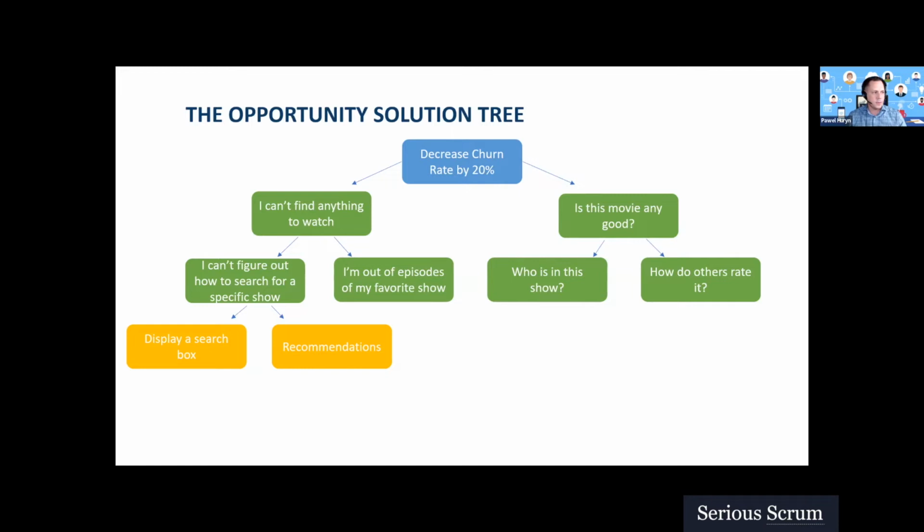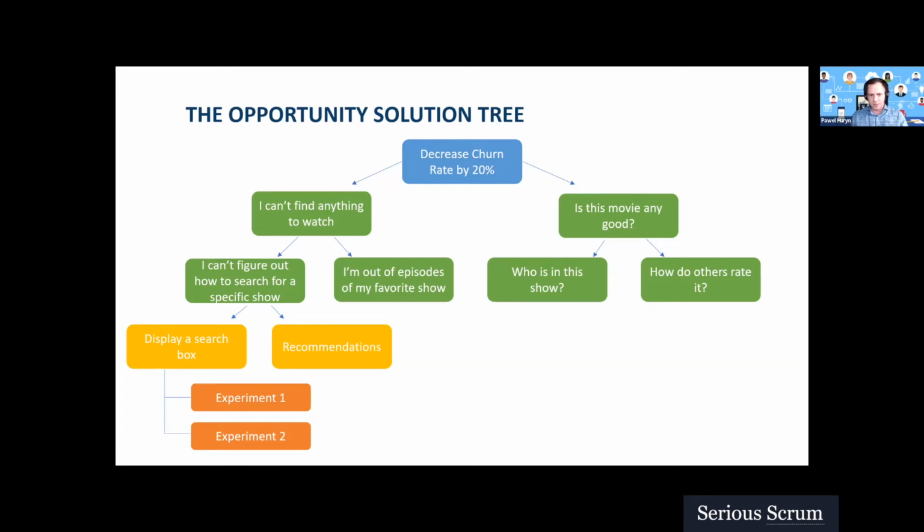But once again, to be precise, we are not testing ideas, we are testing assumptions. So for example, the idea may be to display a search box or display recommendations, but we don't want to test displaying a search box, but rather the assumptions behind it. One of the assumptions is that displaying a search box will help customers find something to watch.